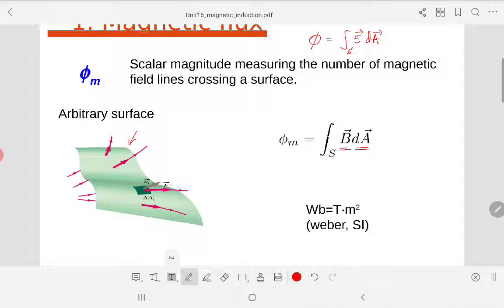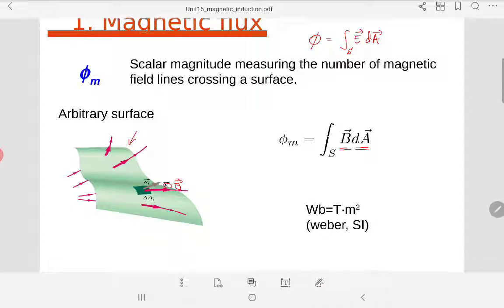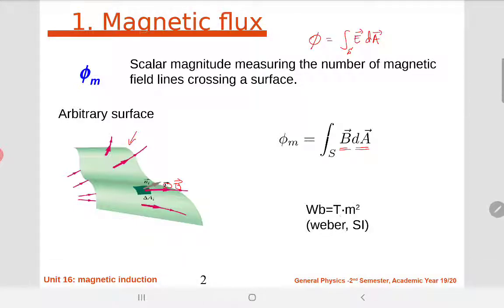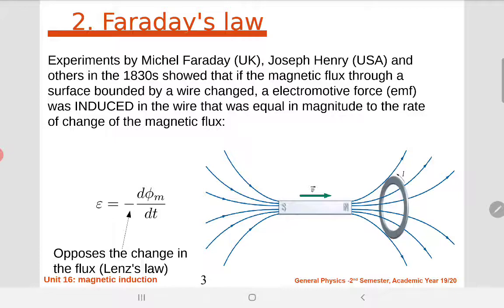This is very similar to what we did with the electric field. Now instead of the electric field, we have the magnetic field. The units of this magnetic flux are Weber, which is Tesla times square meter in the international system. Once we've defined this, we can go and present Faraday's law.